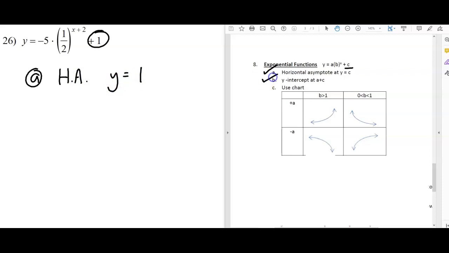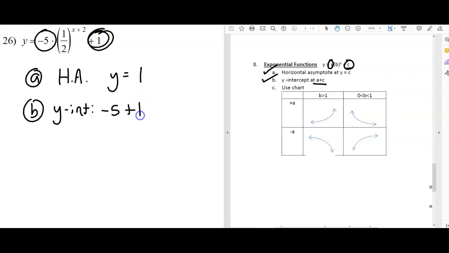Next, we're going to find our y-intercept. The y-intercept is at a plus c. So that's -5 plus 1. So there's my y-intercept. At that point, we're ready to start graphing.